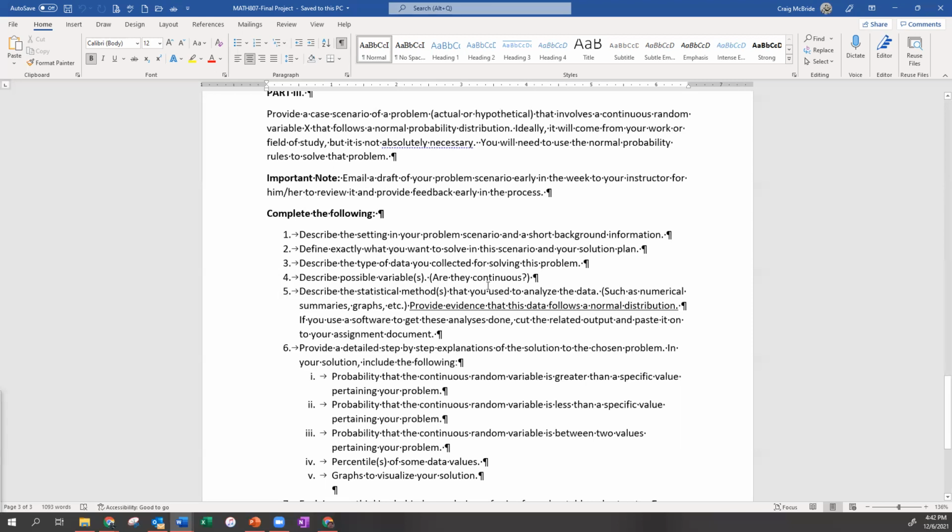It asks, are they continuous? If it's a continuous variable, all the better, but if it's not, that's fine. Some people are not even collecting real data, they're just doing qualitative work, so they're not even going to be able to analyze means and things like that. That's fine too. So describe the setting in your problem scenario and give short background information. This is basically what you do in chapter 1, where you describe the problem that you're going to try and fix.